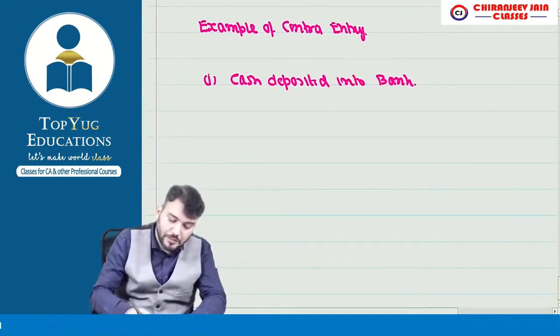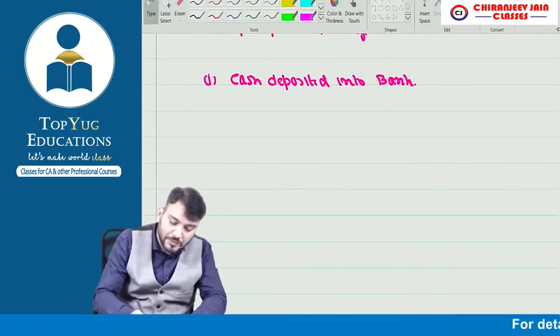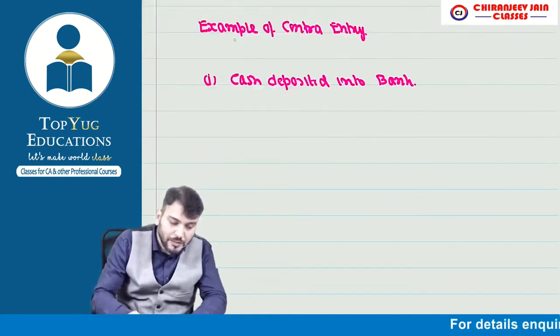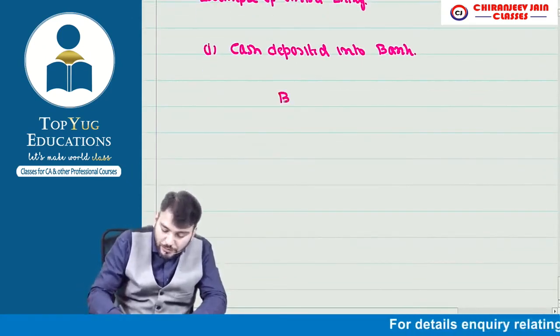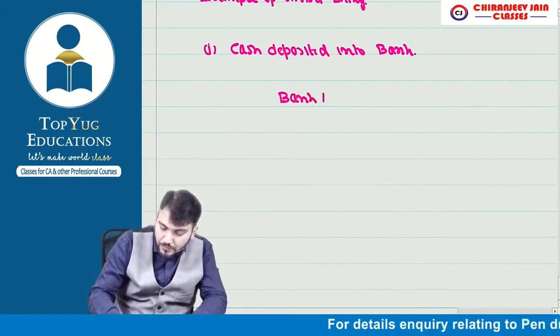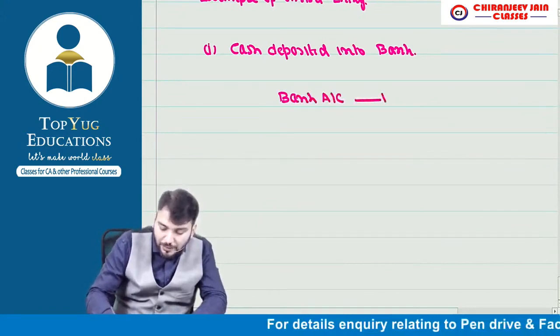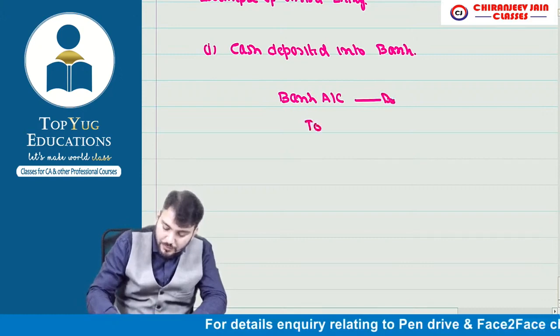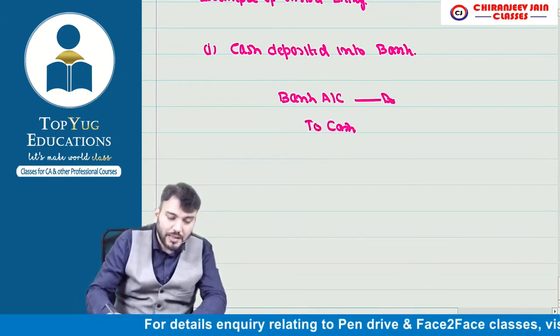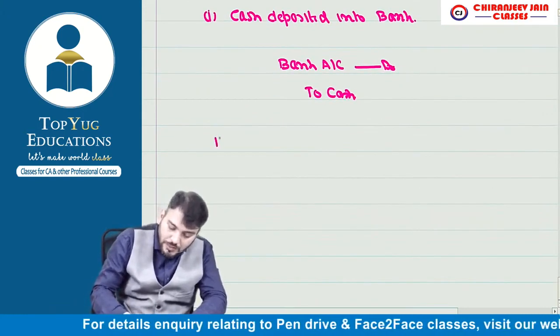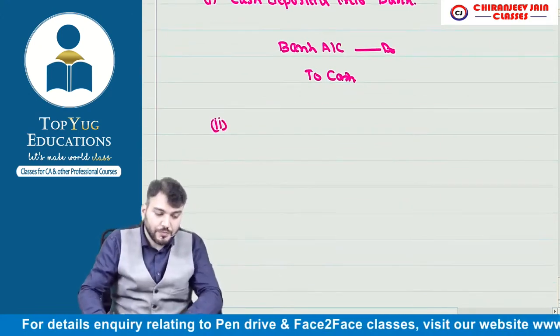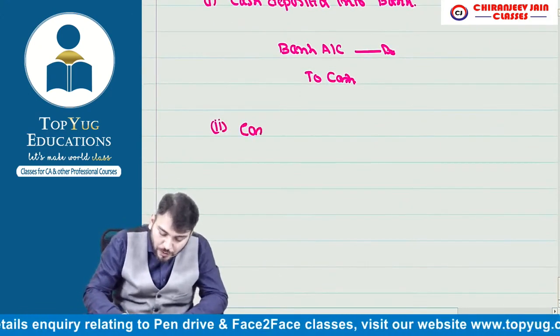Tell me, what journal entry? The journal entry will be Bank account debit to Cash. Correct? Then point number 2, cash withdrawn from bank.